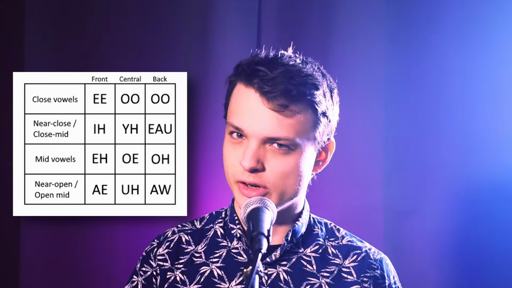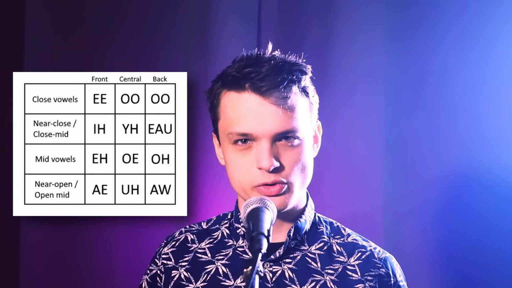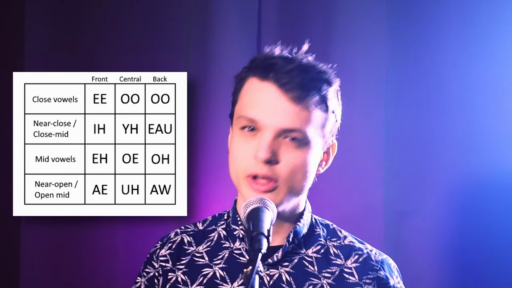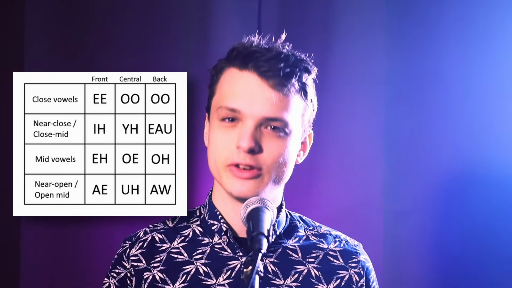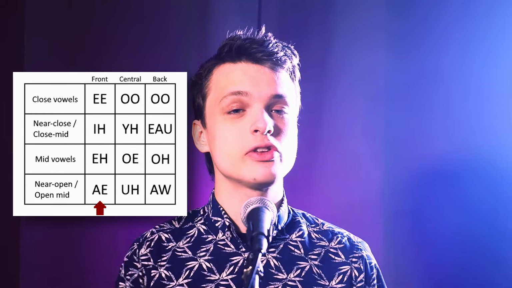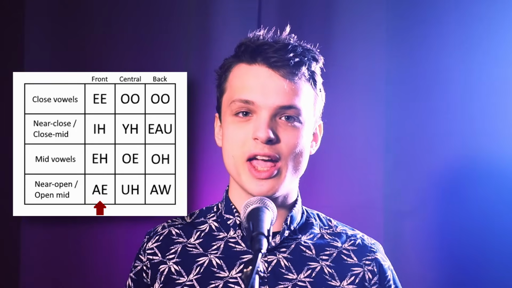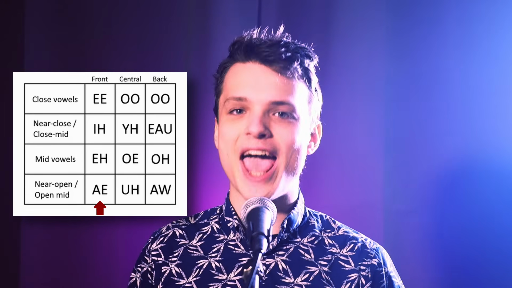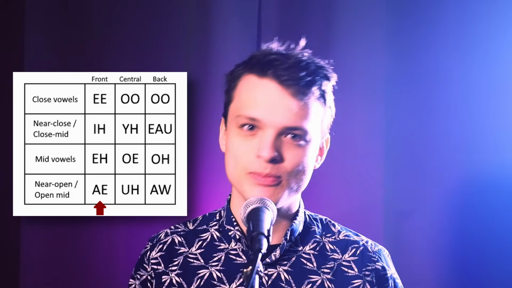For our convenience, I have used Anglophone transcriptions wherever possible, but there are a couple of remarks that need to be made. Firstly, the vowel transcribed as AE is pronounced A as in cat.